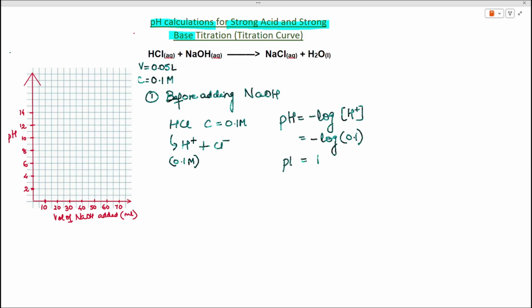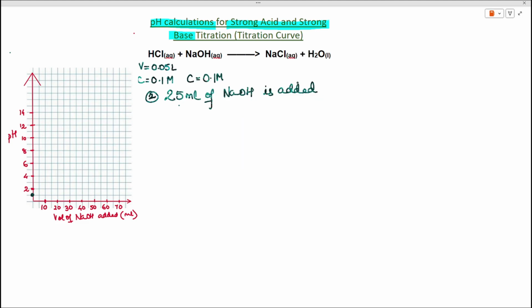So the pH before adding any NaOH to 0.05 liters of HCl with concentration 0.1 molar, the pH of that solution is 1. So when no NaOH is being added, we are just going to take the pH over here as 1. So this is our starting point on the graph.